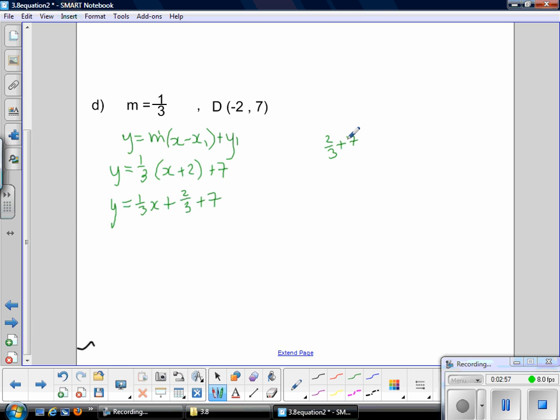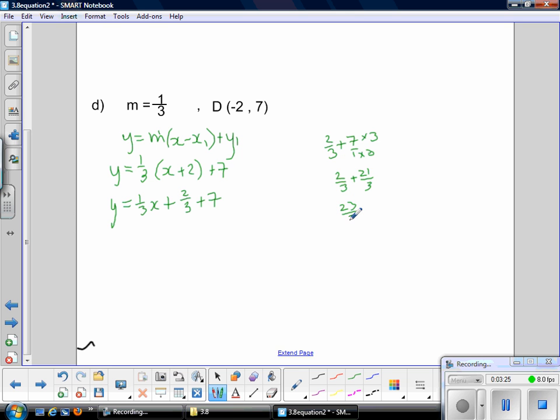Okay, so I'm going to put 7 over 1 to turn it into a fraction. And we know that when we're adding fractions, we need common denominators. So I'm going to multiply the 1 by 3, which means I must multiply the 7 by 3. So we end up with 2/3 plus 21 over 3 to give us a grand total of 23 over 3.